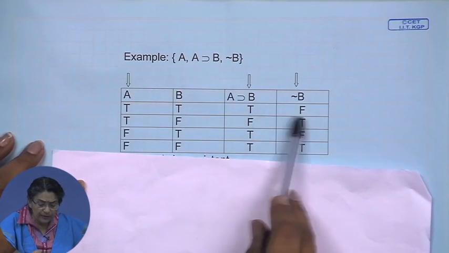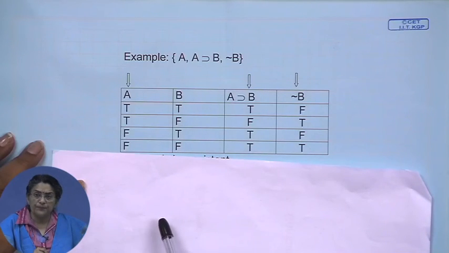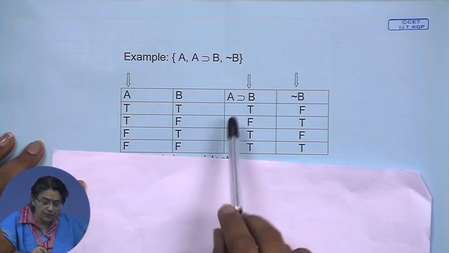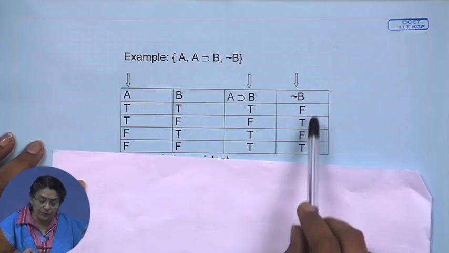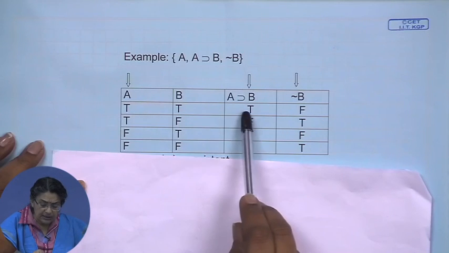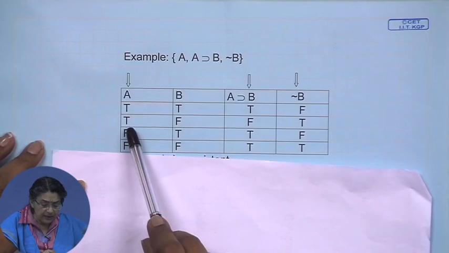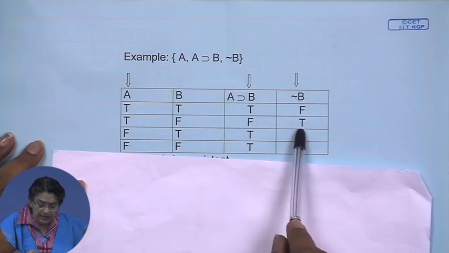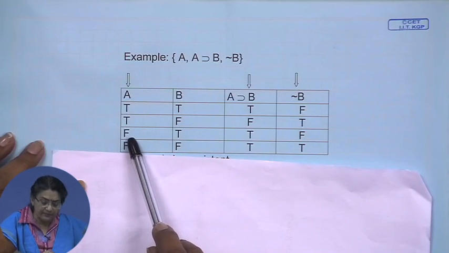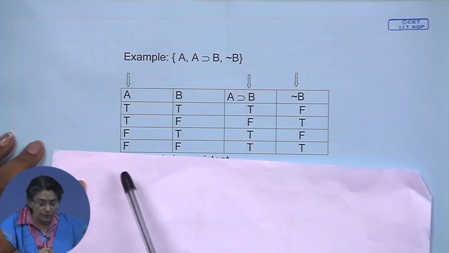Now, you go through every single row. Do you have a situation where A is true, A horseshoe B is true, and tilde B is true? Take a look. So, T, but this one is F. This is T, but this one is F. This is already F. So, you do not have a situation where all the members are true.